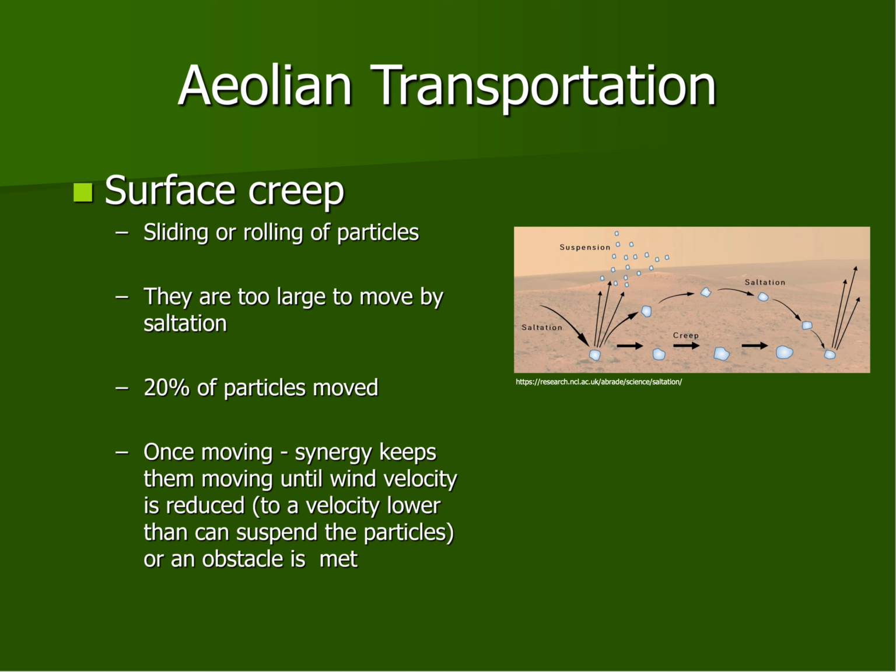So starting with surface creep, the particle is moving, inching along piece by piece. Just like creeping along the bottom of a river, we're creating a high pressure zone and a low pressure zone. If the wind is coming from this direction, it's going to act on this particle and create a high pressure cell here.